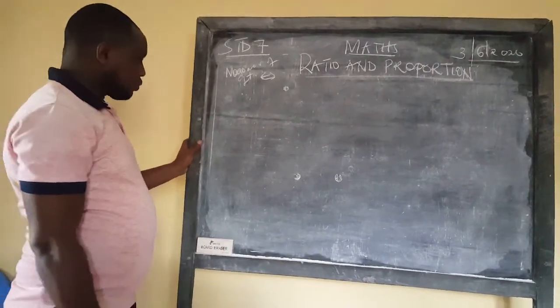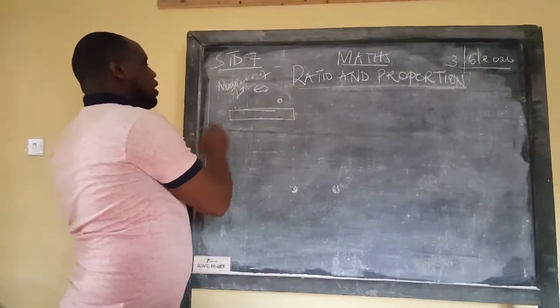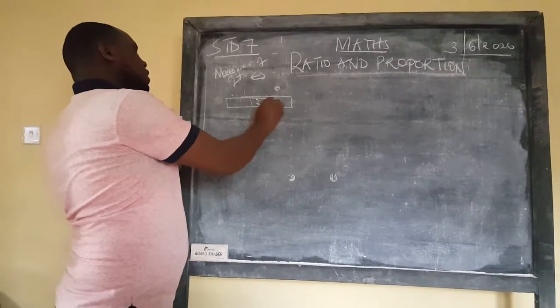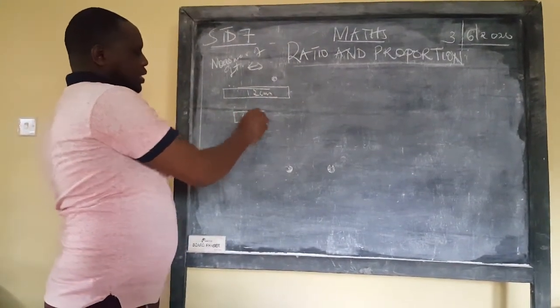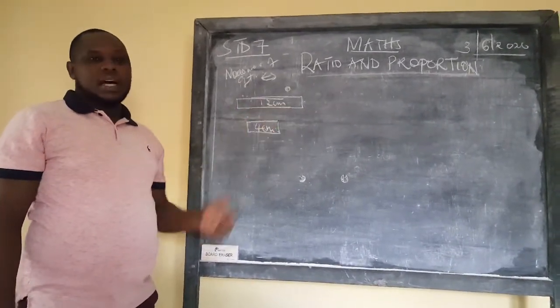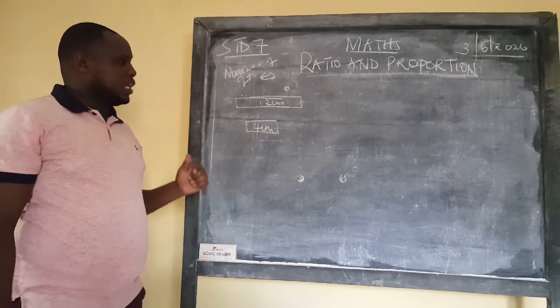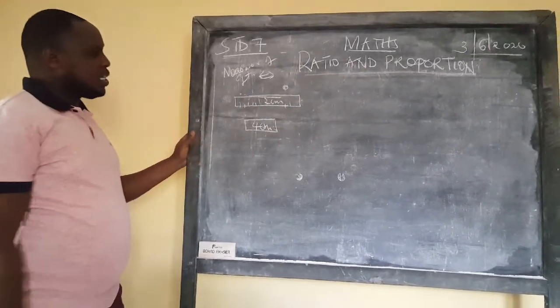For example, if I draw two rulers here, this ruler I say is 12 centimeters, and another ruler 4 centimeters. All these are the same unit, centimeter, but the lengths are different. So we can use ratio to compare these particular measurements.